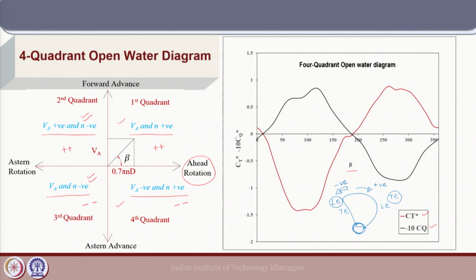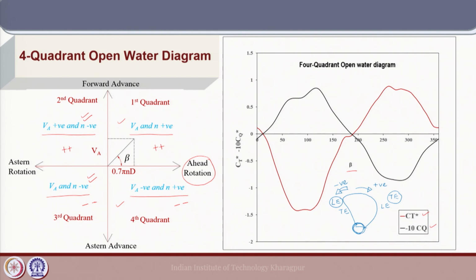So, in this case the propeller will work at a very suboptimal condition, where the astern thrust producing capacity, or the coefficients or the performance of a propeller in the astern condition, will not be equal to that of the forward rotating propeller. So, the performance of a propeller when it rotates in the astern or reversed condition will be different from its performance in the forward rotating condition.